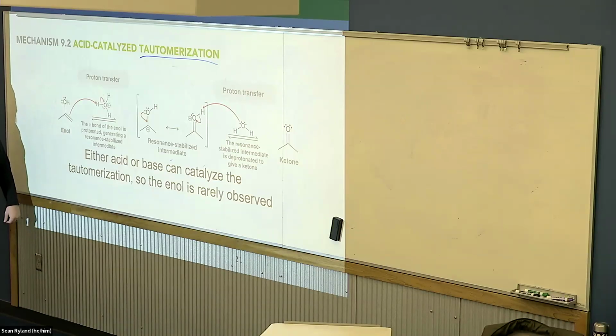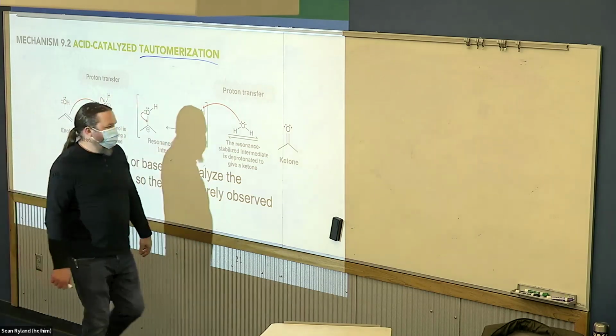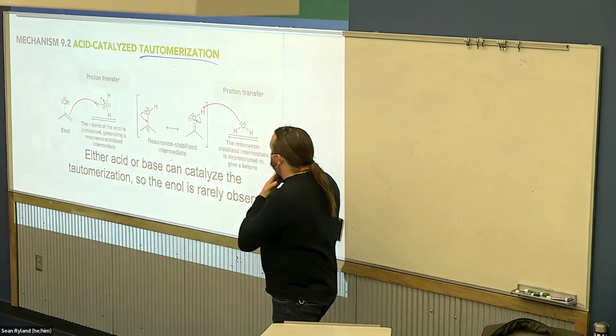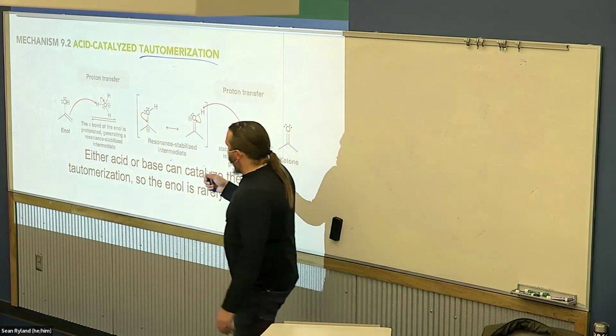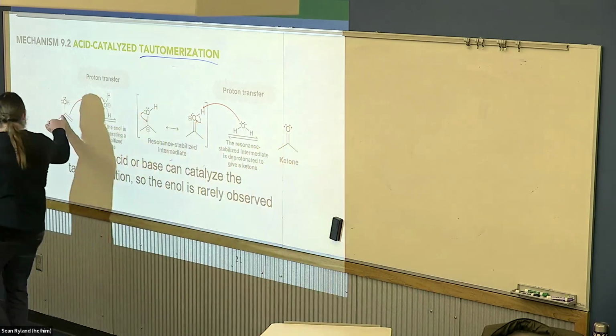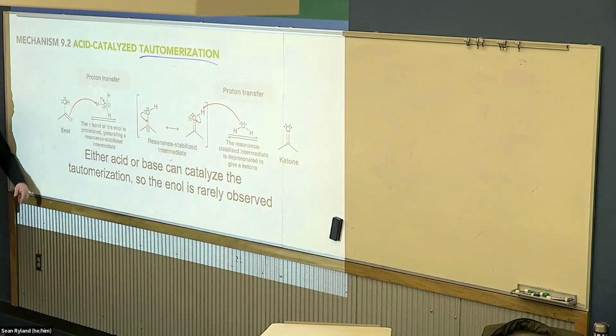It just changes the order of the steps. You either protonate first and then deprotonate, or you deprotonate and then protonate. We see this with aldehydes as well. If we wound up with an enol at the end of a carbon chain, when it rearranges, it's not a ketone, you get an aldehyde, but it does the same thing.